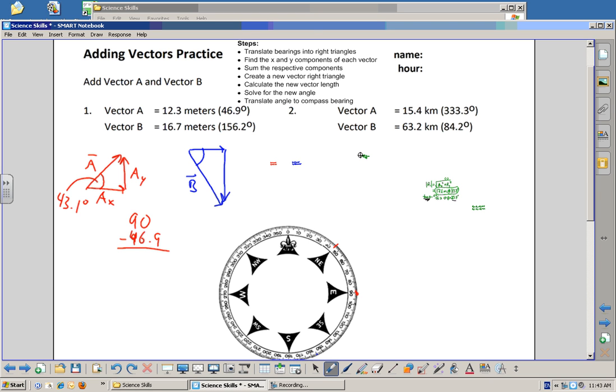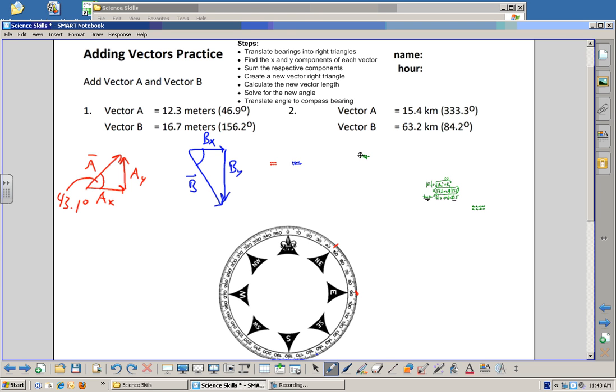That will be the angle useful in calculating, whoops, that's right, my components.